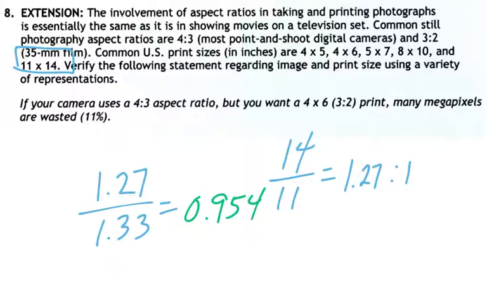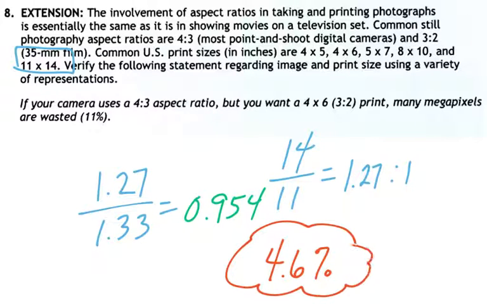And again, this is very, very close to 5%. It's actually a little bit less than 5%. We could very specifically say it's 4.6%. So the best size picture to convert our photograph to from a 4:3 camera is an 11:14 photograph, because it wastes the fewest amount of pixels.